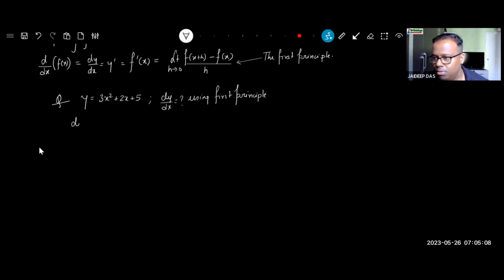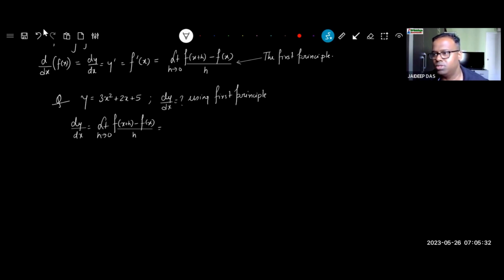So how do we do dy by dx? We say dy by dx is given by limit of h tends to 0, f(x plus h) minus f(x), divided by h. Now start putting it in. Here is where people make the mistake. f(x) is this, f of donkey would be 3 donkey square, f of monkey is 3 monkey square.